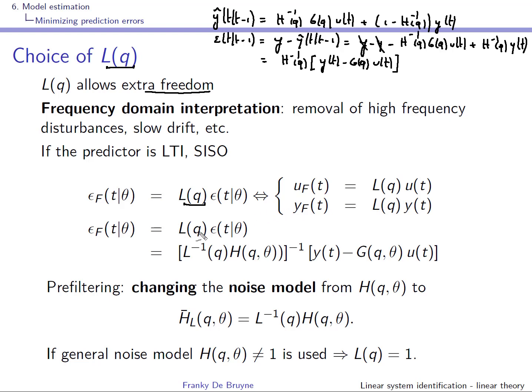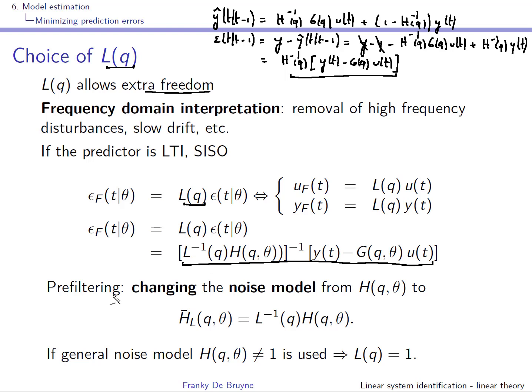So if you look at that and you look at this expression over here, and you inject it in here, the expression of the filtered residuals is like here. Here we have a minus 1 and a minus 1 over here, and so this is indeed L(q). But why do we write it like this?